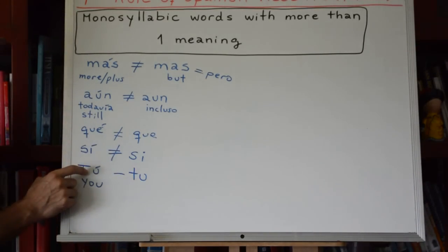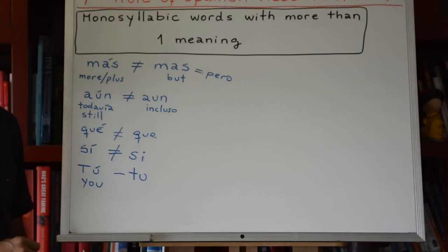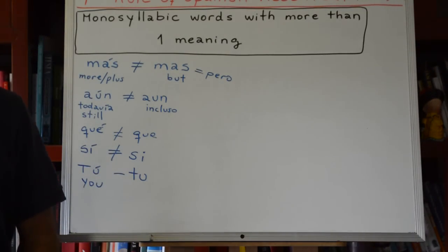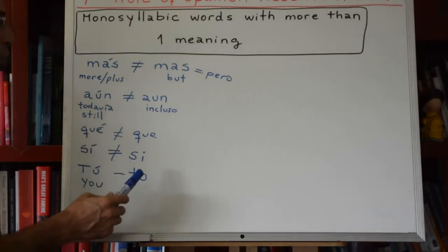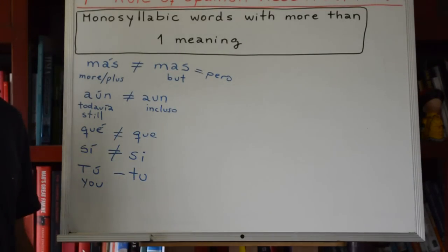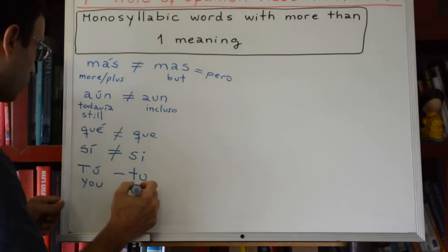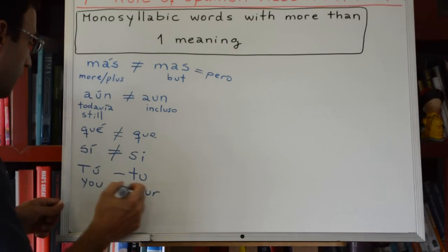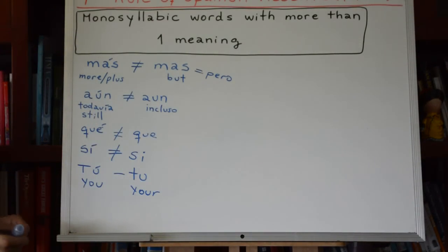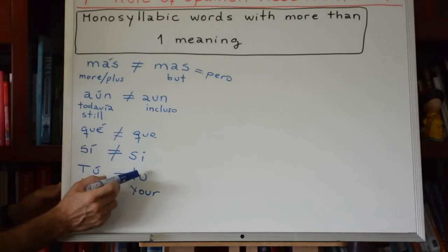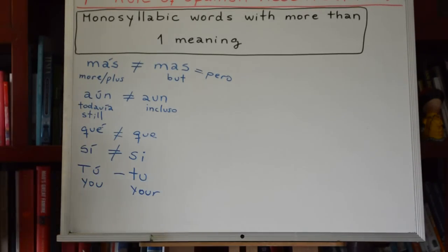Tú dijiste esto, right? Now, without the tilde, it is the possessive pronoun. Tu auto, your car, okay? So this one is your and this one is you. Tú, you. Tu without the tilde, your, okay?